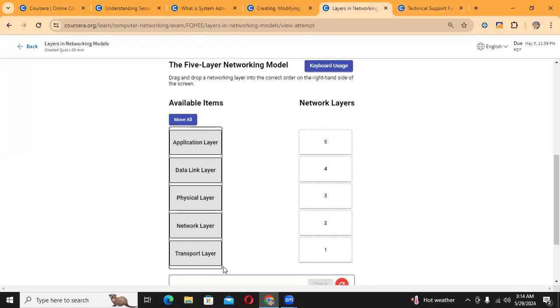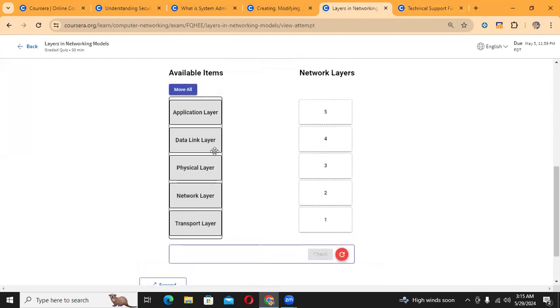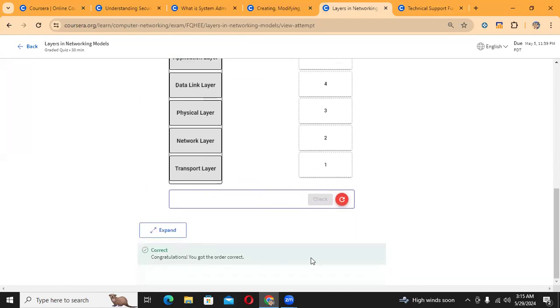It is in this order, otherwise it is not correct. First is transport layer, second is network layer, three is physical layer, fourth is data link layer, and fifth is application layer. So we will arrange it in this way. We got 100% marks in this quiz.